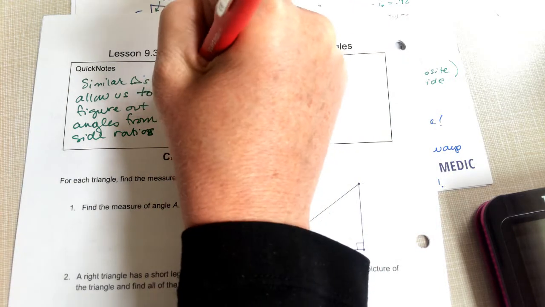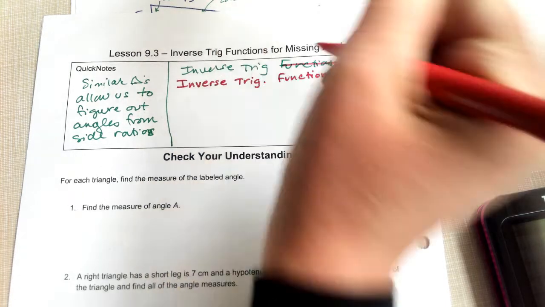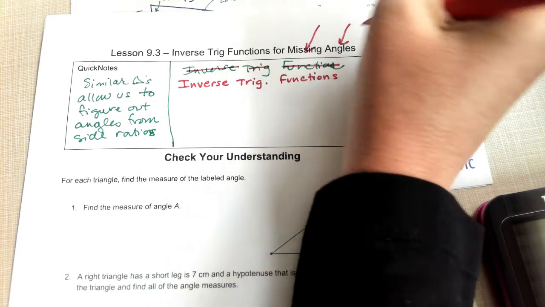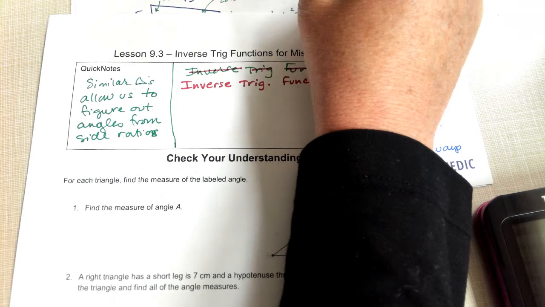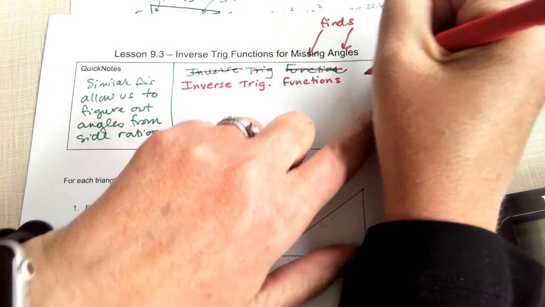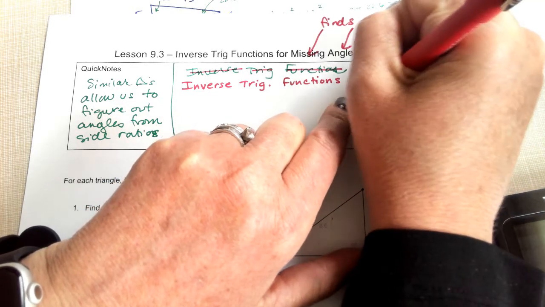And this says inverse. This is short for trigonometric functions. That's what all that says. And this finds missing angles. So we're talking about sine inverse, cosine inverse, tan inverse.